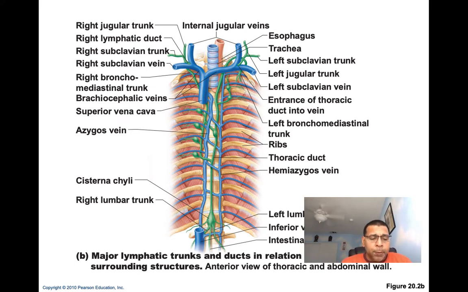Next is lymphoid tissue. Lymphoid tissue is one of the main components of our lymphoid organs, and it's important for a couple of different reasons. Number one, lymphoid tissue houses and provides a proliferation site for our lymphocytes.